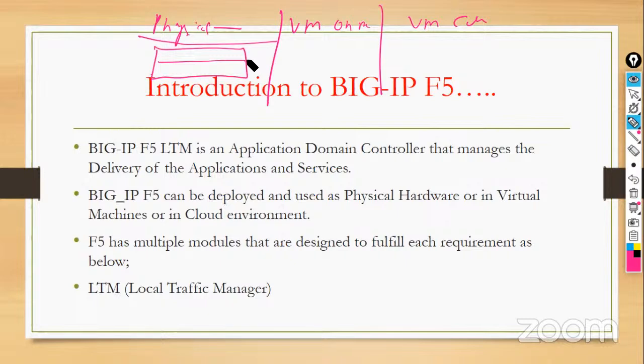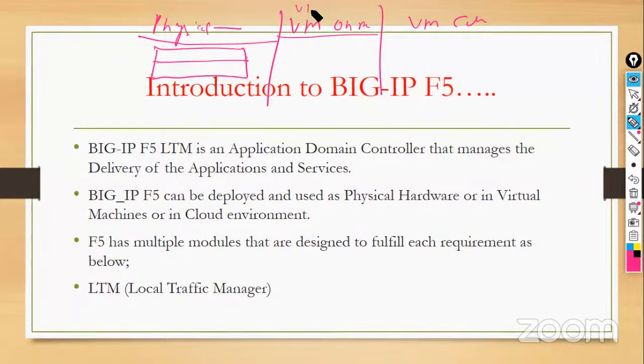And now everyone is moving to virtual, right? They don't want to keep hardware in their data center. I'm not denying that we have no need to use hardware. I'm just saying that if you require it, you can buy the physical box. But if you want to deploy a VM, a virtual box, in your environment, you can also do that.